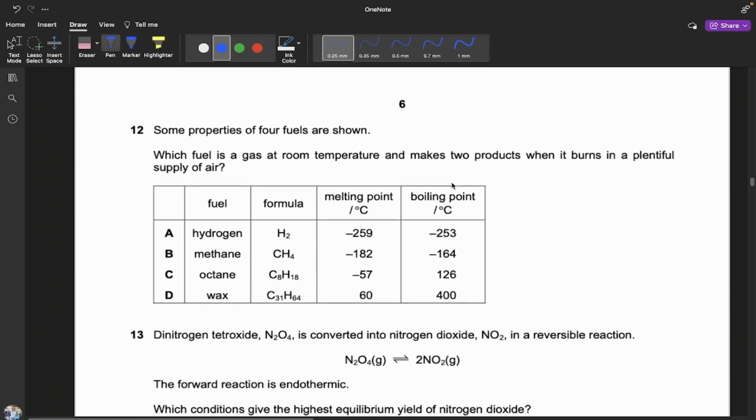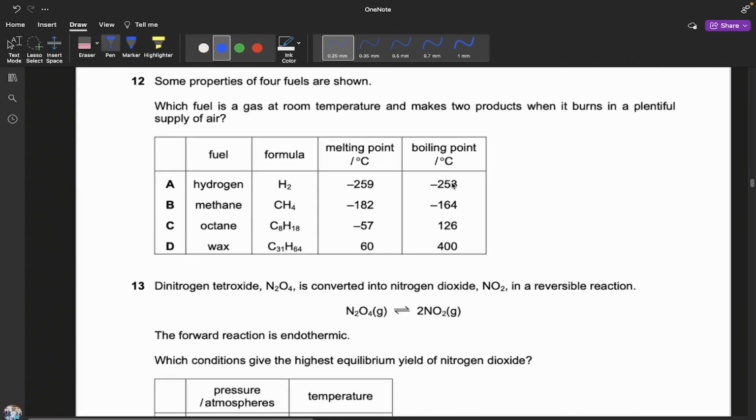Some properties of four fuels are given. Each fuel is a gas at room temperature and makes two products when it burns in a plentiful supply of air. Okay. So octane is a liquid. And wax is solid. This is liquid.